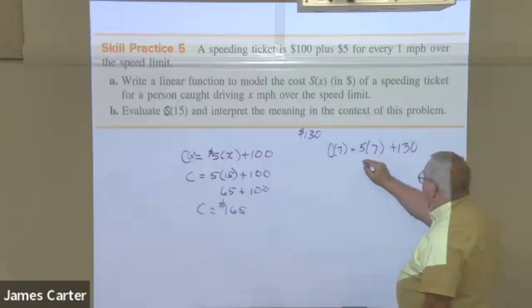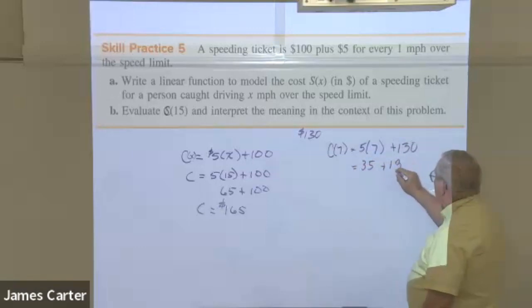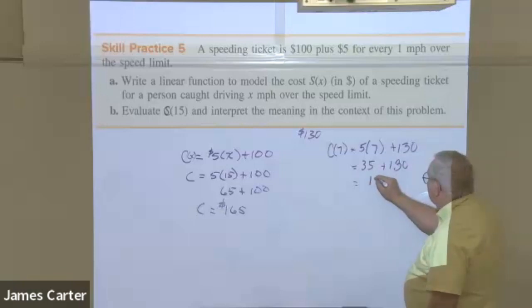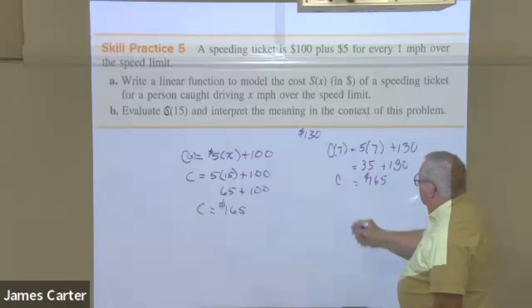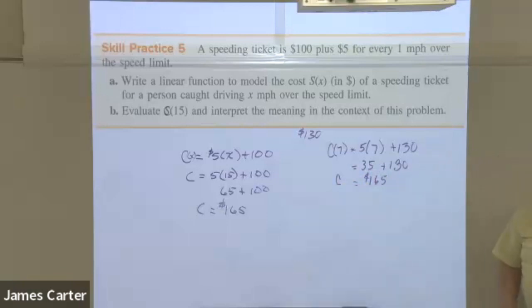So 5 times 7 is 35 plus 130. So in my case, that cost me $165 for 7 miles an hour over the speed limit.